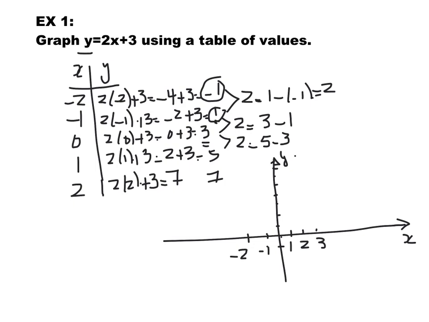When x is -2, y is -1, which is this point here. When x is -1, y is 1, which is this point here. When x is 0, y is 3, which is this point here. When x is 1, y is 5.